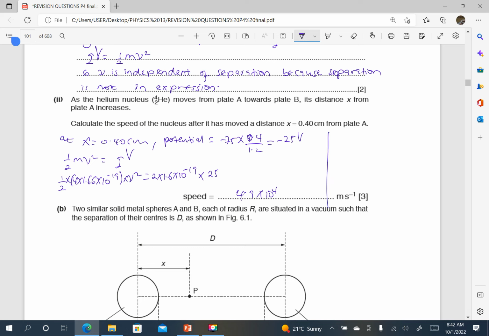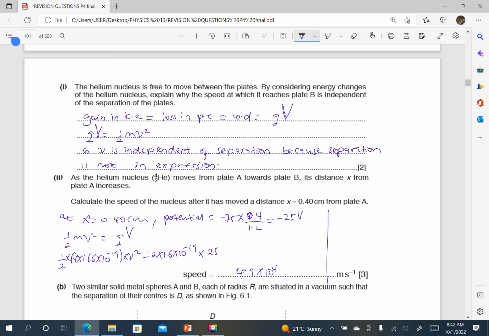Alternatively, you would first find the acceleration, because the acceleration in a uniform field is uniform. The acceleration is QE over the mass, but E is V over d, so this will be QV over md.